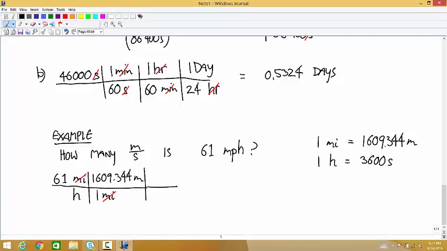This time we want it in the top, so it'll cancel the hours that are in the bottom. So 1 hour is 3,600 seconds. So those cancel. The units that are left are meters per second. And if you multiply and divide out those numbers, you get 27.26 meters per second.